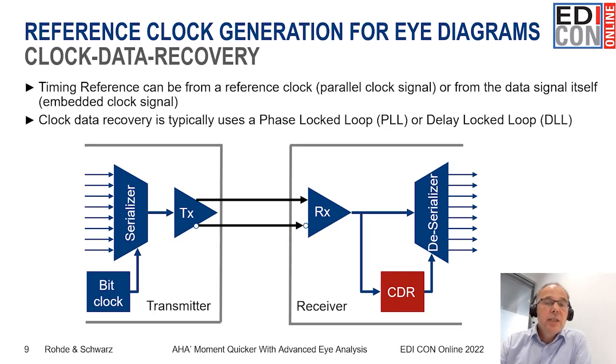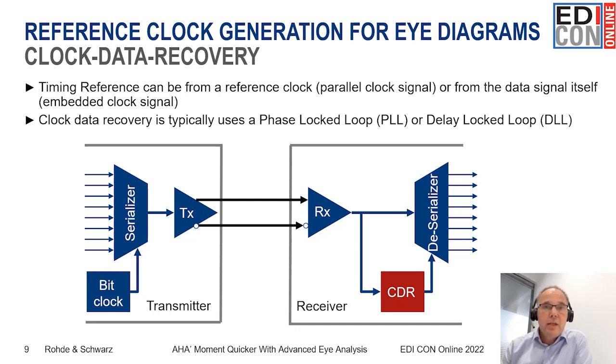As I mentioned, it's very important that I have a good timing reference. For example, for parallel interfaces like DDR, I have a data signal and a separate clock signal. So we talk here about a parallel interface. I use the timing edges of my clock signal to slice my data stream into individual bits.